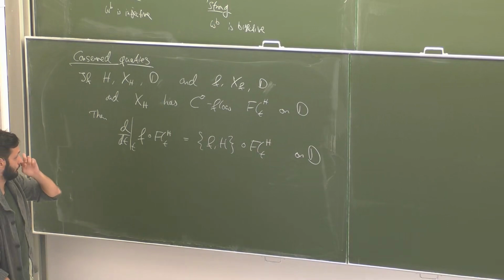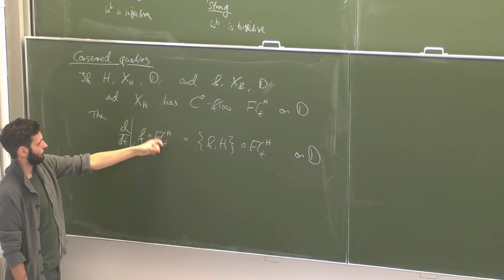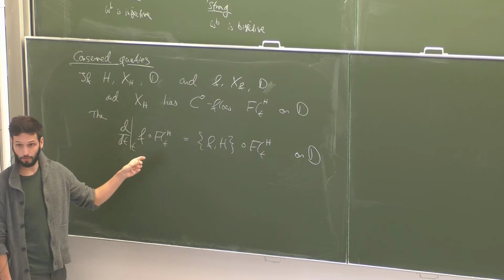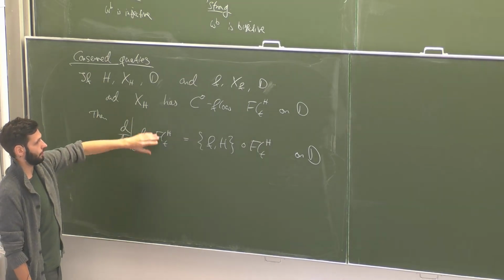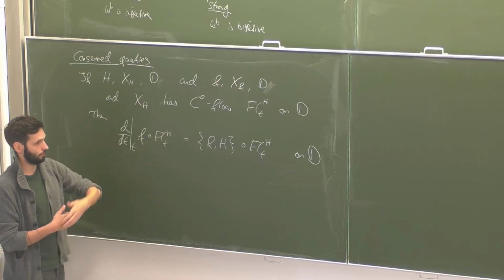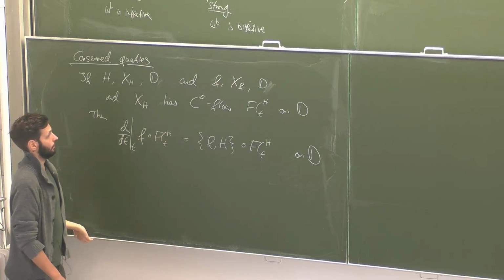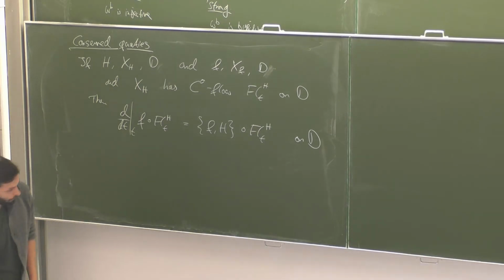So formally speaking, it's relatively straightforward. You have to work a little bit to actually show that this is a nice C1 function, so you can actually take the derivatives and get what you expect. And for that, we use that you have a nice formula for the flow in terms of the symplectic form. So yeah, that's one of the statements.